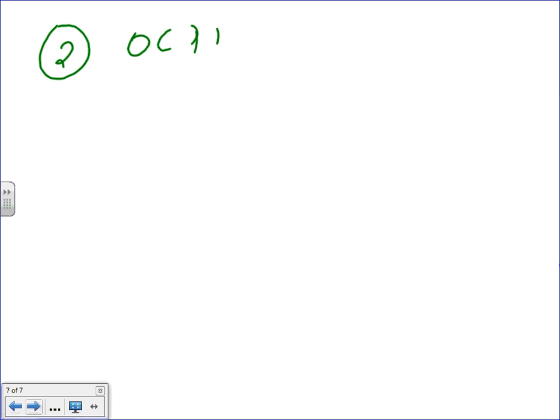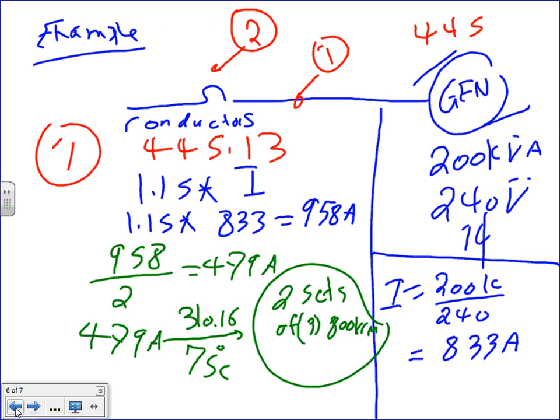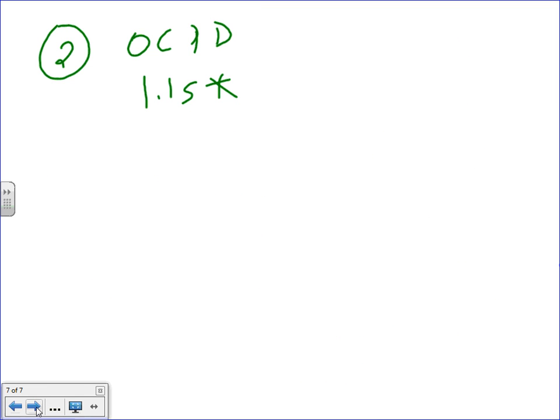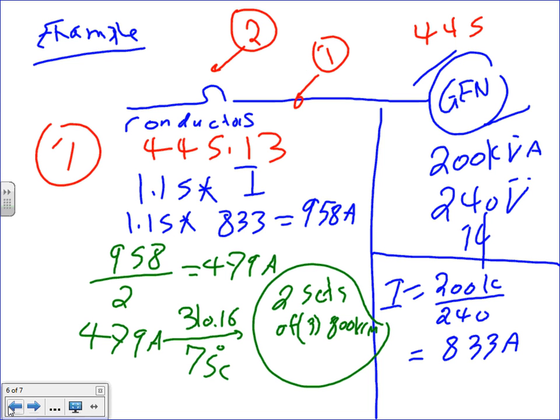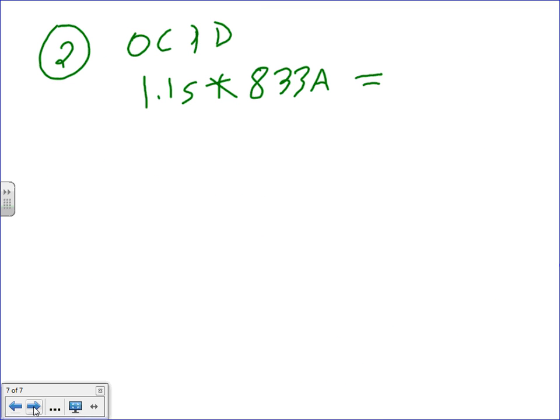I use 1.15 times, what was the current again? 833 amps, and you get 958 amps. The same calculation, guys.